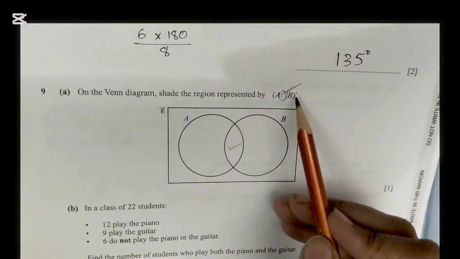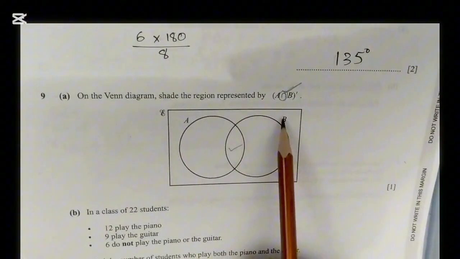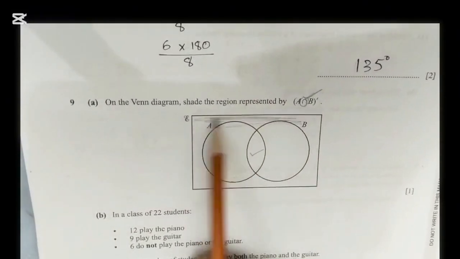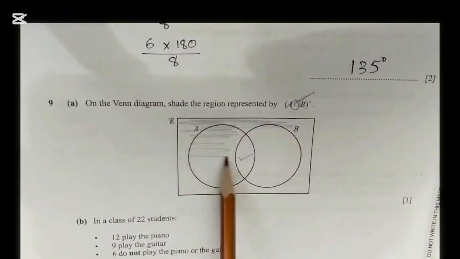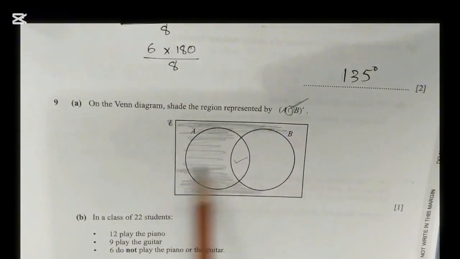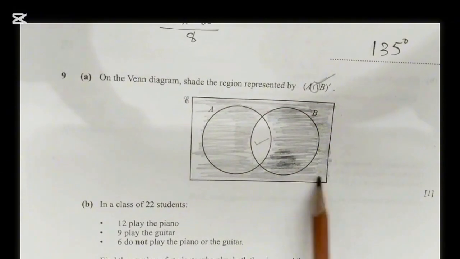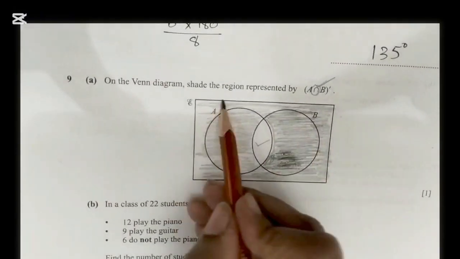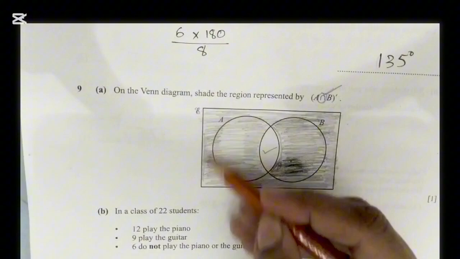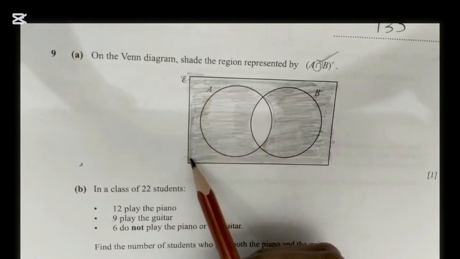It means we have to shade all of the things except this part. So I am going to shade the whole diagram except A intersection B, because in complement we leave that portion and shade all the rest. Okay, so this is part A.